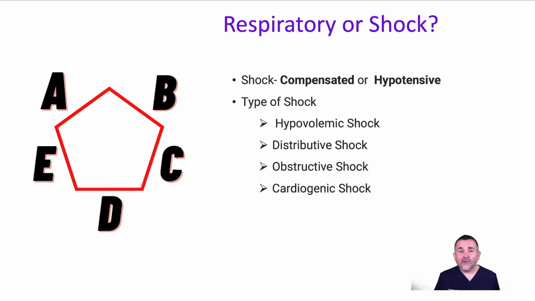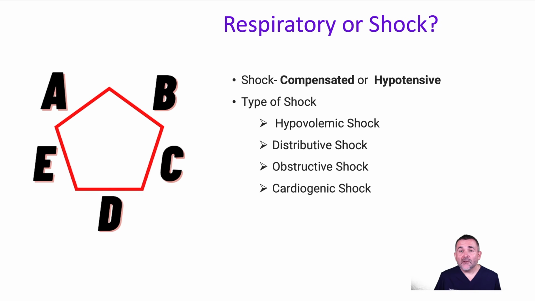Obstructive shock refers to a condition that physically impairs blood flow by limiting venous return to the heart or limiting the pumping of blood from the heart, resulting in decreased cardiac output. Causes include pericardial tamponade, tension pneumothorax, massive pulmonary embolism, and ductal-dependent heart defects.